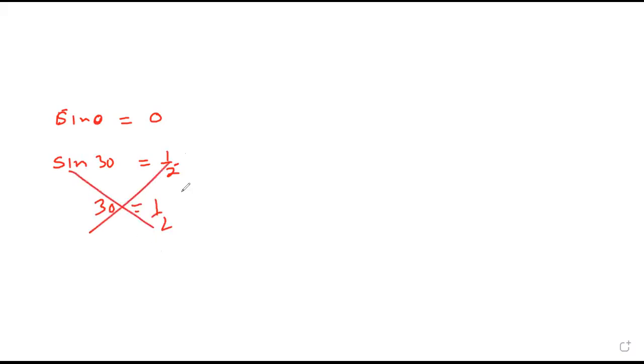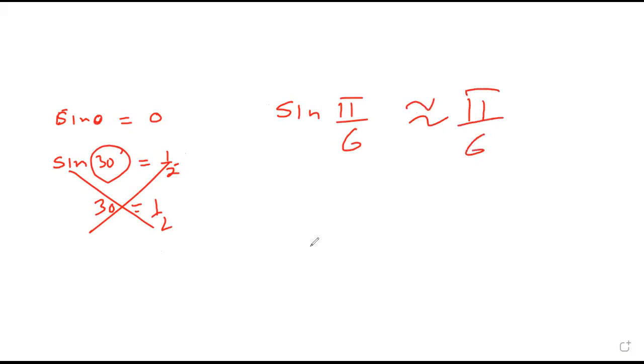What is sine 0? 0. What is sine 30? 1/2. I can't say here that sine theta is theta, because it is half. So this is not true. But if I measure in the SI unit radian, what is 30 degrees? It is pi by 6. Let us check whether sine theta equals theta or not.